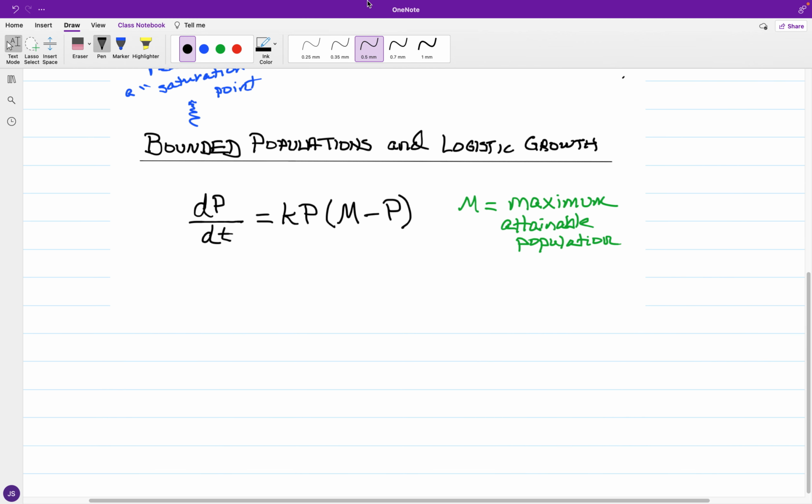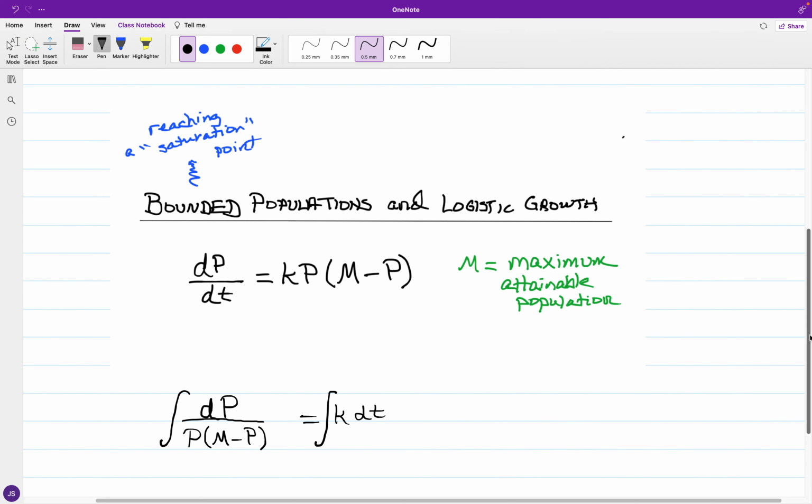And let's say that just in the case of expressing what we have in terms of P. All right, so if I were to separate the terms or expressions in P, you've got dP all over P times the quantity of M minus P is equal to K dt, and if I separate, I can integrate, and notice we have P instead of x.